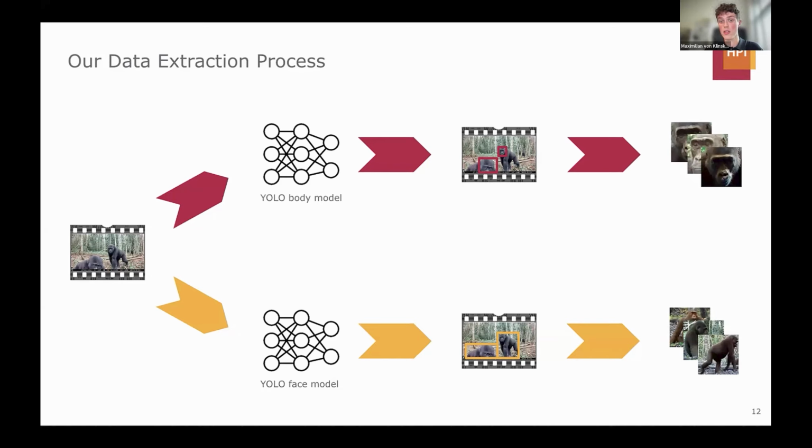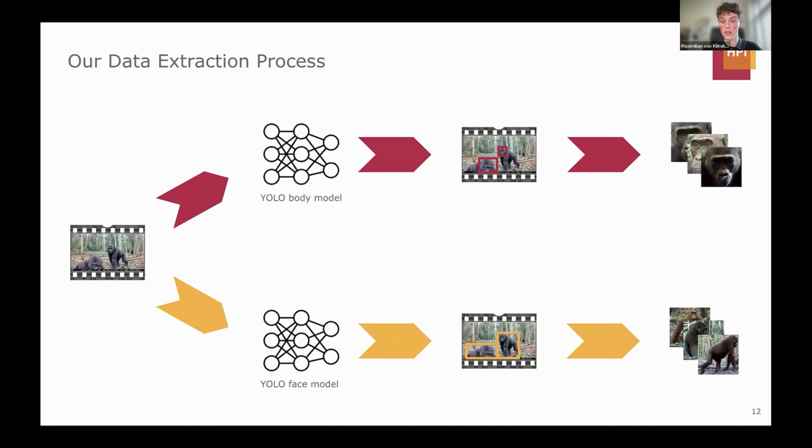And actually, we have trained two specialized detectors, one for the body and one for the face. This allows us to search for faces only within cropped bodies, improving the face detection process, and also to experiment with the different options of using just faces, just bodies, or both. And for the connection, we use matching algorithms to make sure for each face there's also a body.